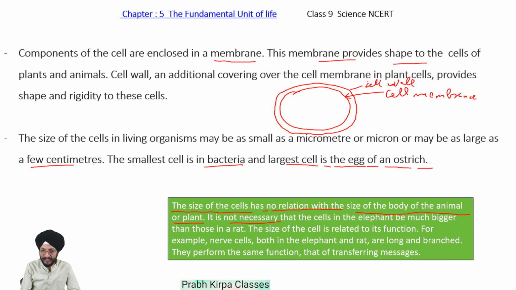It is not necessary that the cells in the elephant may be much bigger than those in the rat. The size of the cell is related to the function performed by the cell. For example, nerve cells both in the elephant and rat are long and branched. They perform the same function, that is transferring of messages.